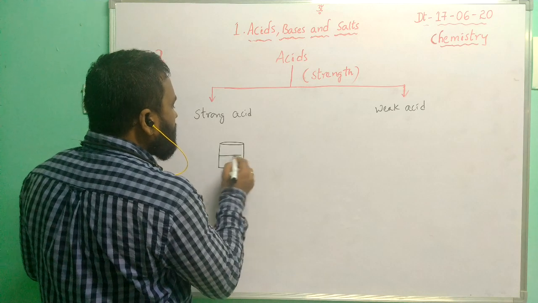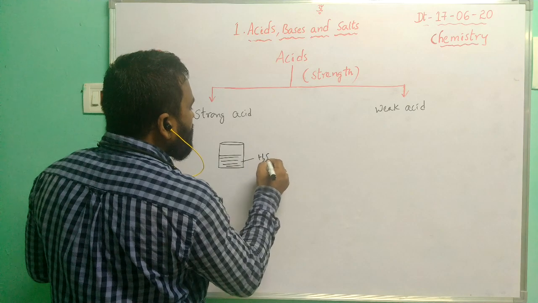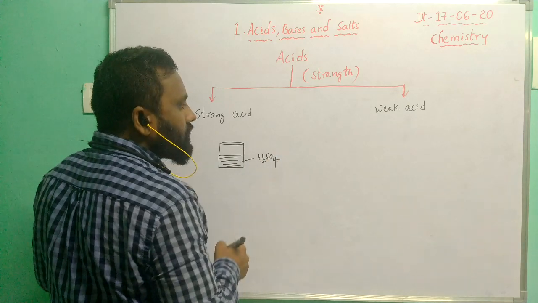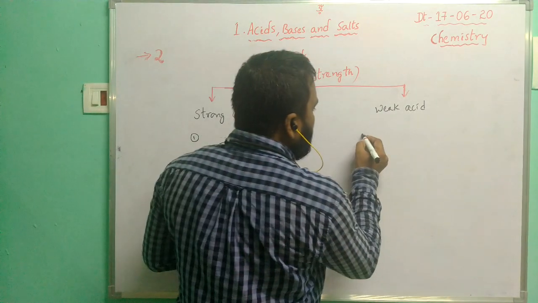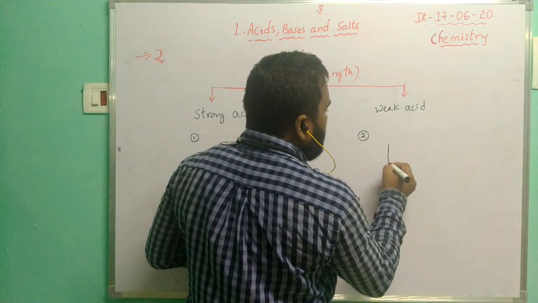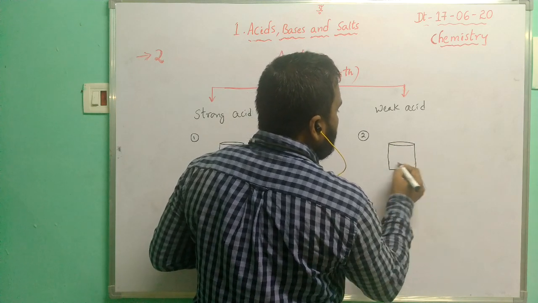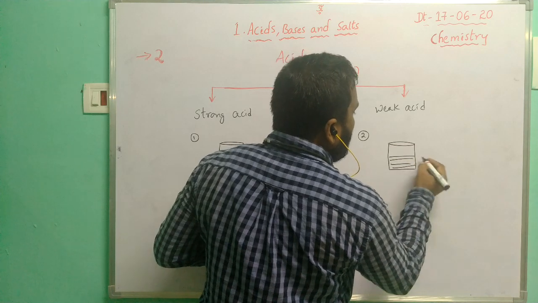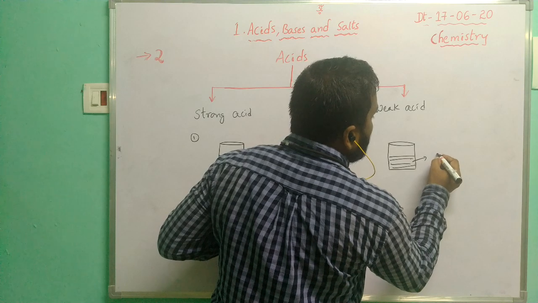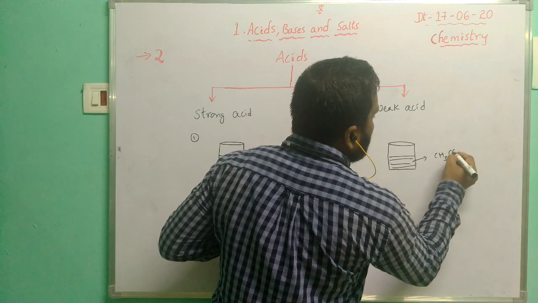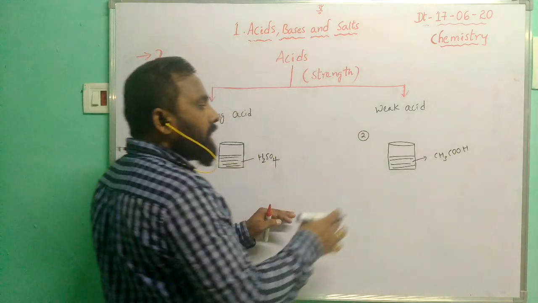You take H2SO4 in it. This is the first case. In the second case, we take another beaker which contains acetic acid, CH3COOH, which is present in vinegar.